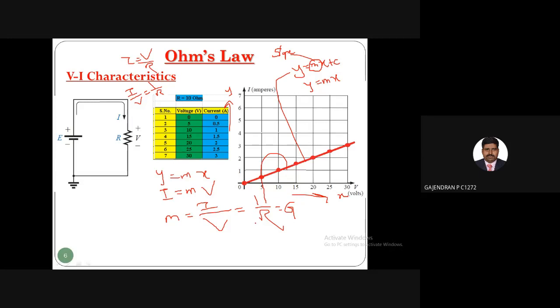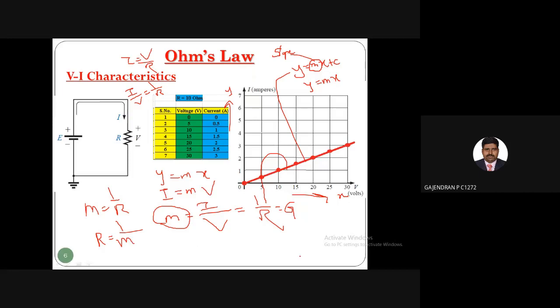Then how to find the resistance of the line? In the particular characteristics, we need to find the resistance. How to find it? Sir, take any 2 points on the x-axis and y-axis. How to find the slope? Wait for that. From this equation I know m equal to 1 by R. How to find R? 1 by m only, sir. Inverse of the slope.